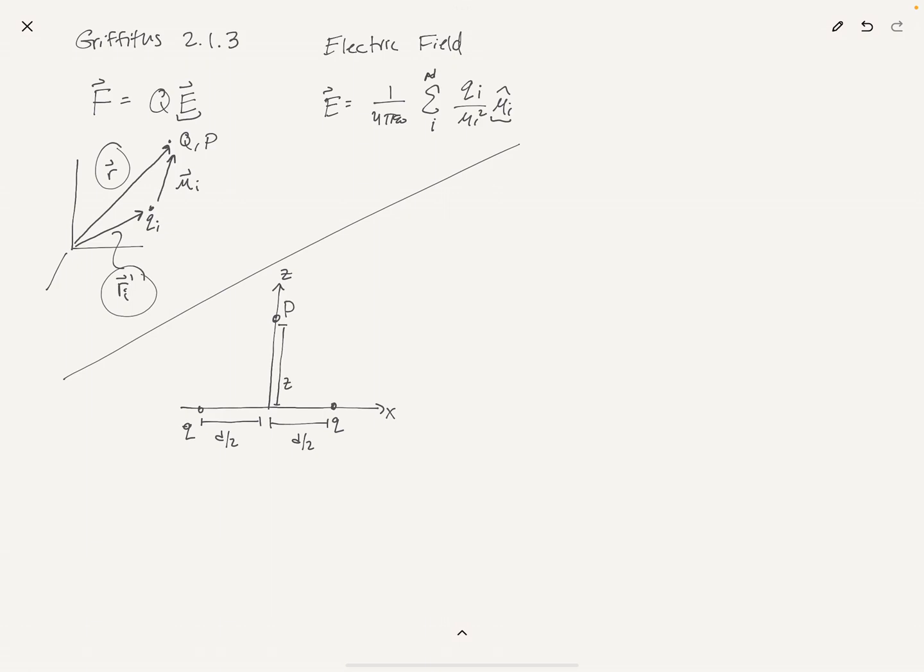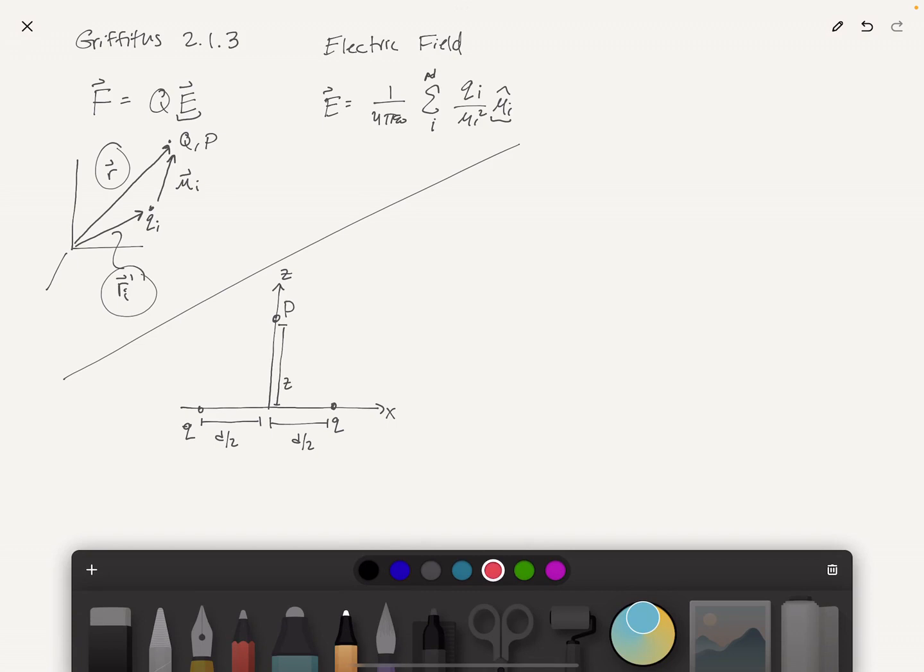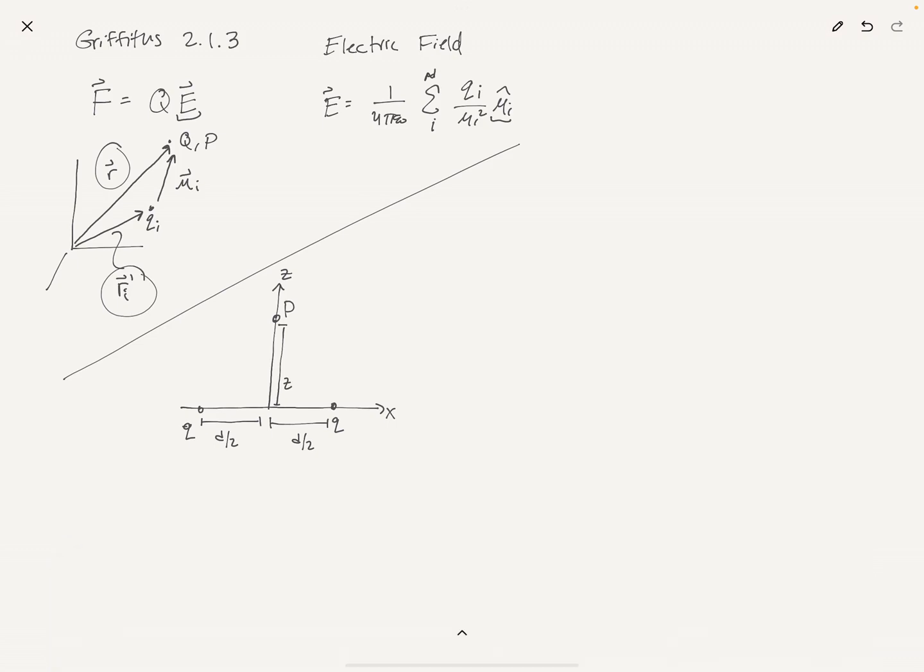All right, now Griffiths right off the bat pulls a trick, and I want to not use that trick. I think it's better to just go through a brute force before we start using tricks. All right, so I am going to have an electric field that's generated by both of my source charges.